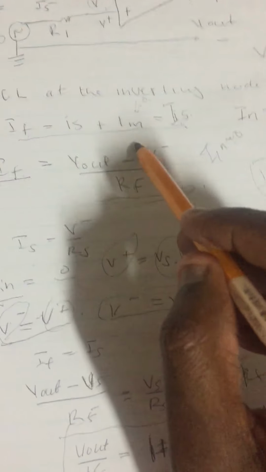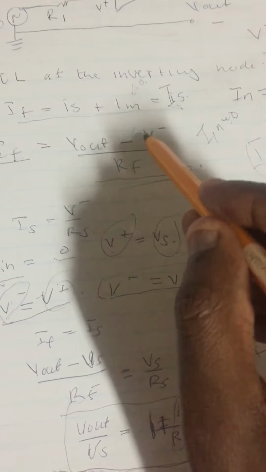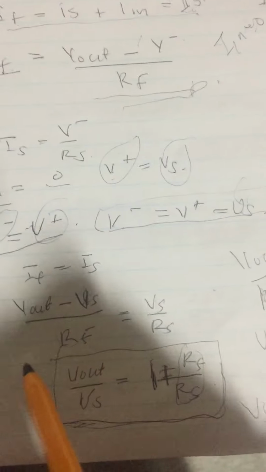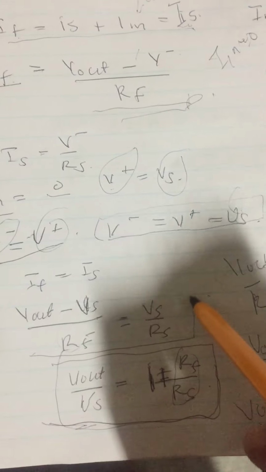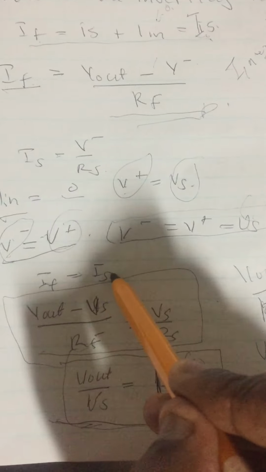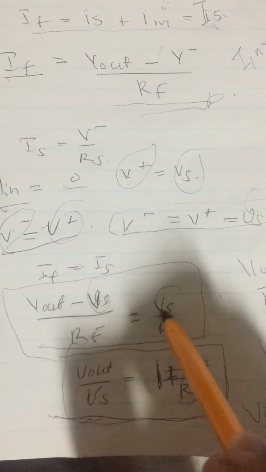So from this equation and this equation, where we see V negative, we'll put V plus. There it is. We'll have this, VF equals to Vs. So where we see V negative, we'll put this.